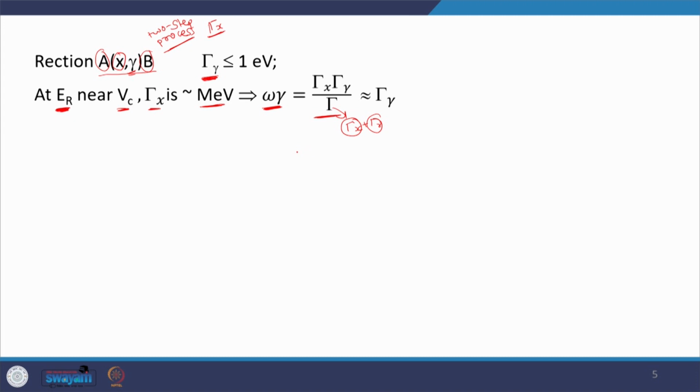So this can be neglected and this will get cancelled. Finally, you are left with gamma gamma. The strength of the resonance is decided by the very low value of the decay width, gamma decay width.